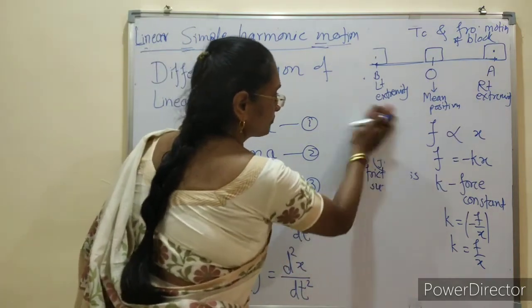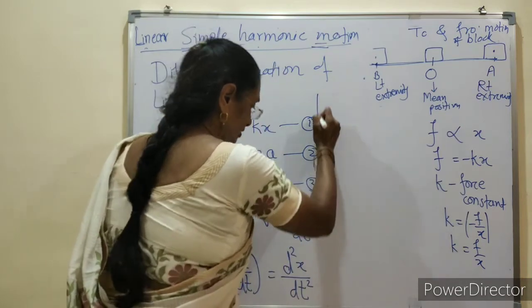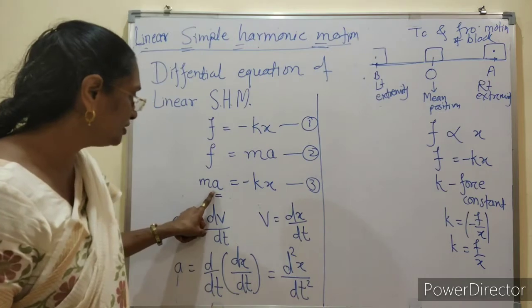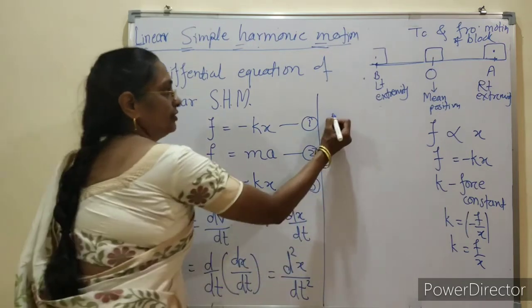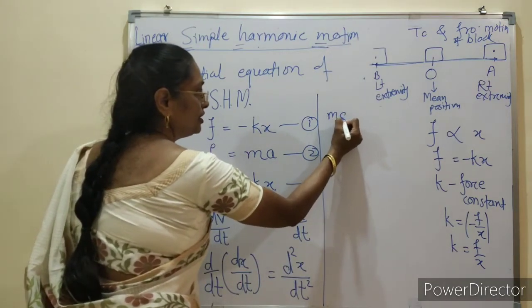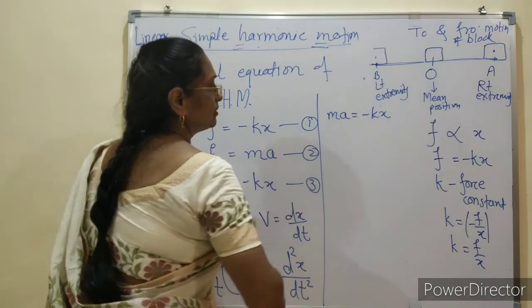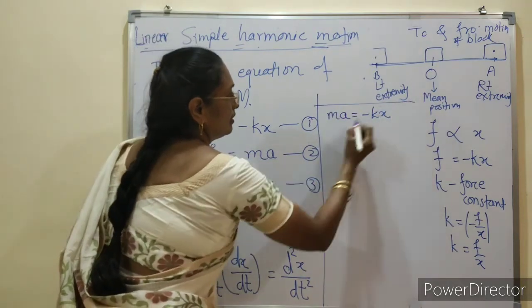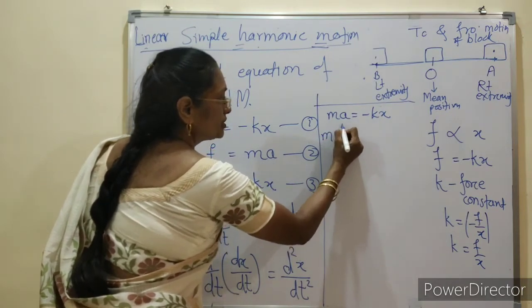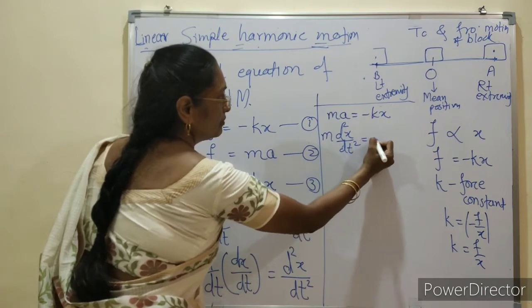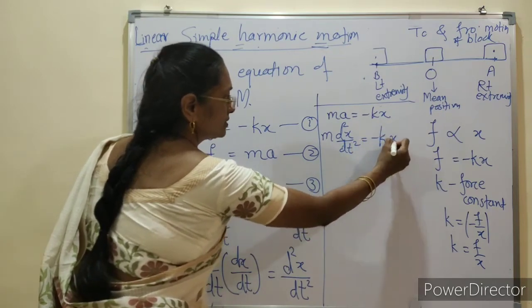Here if we substitute acceleration in equation 3, ma is equal to minus kx, we get m into d square x by dt square is equal to minus kx.